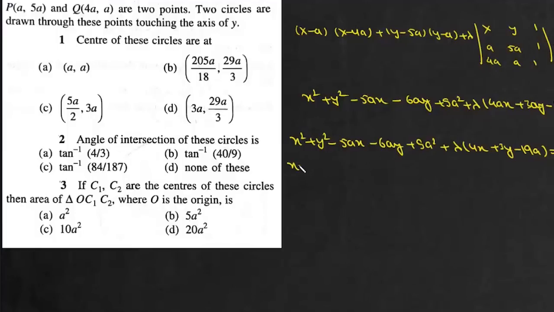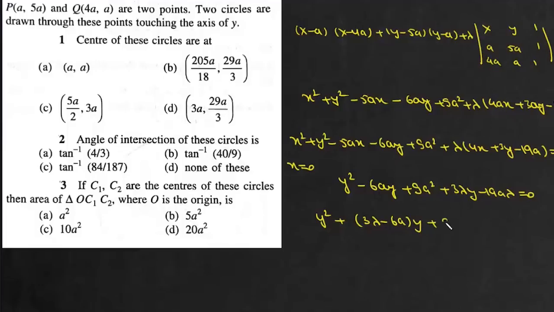Now if we put x as 0, we'll get the equation y square minus 6ay plus 9a square plus 3 lambda y minus 19a lambda equals 0, or we can write this as y square plus 3 lambda minus 6a times y plus 9a square minus 19a lambda equals 0.